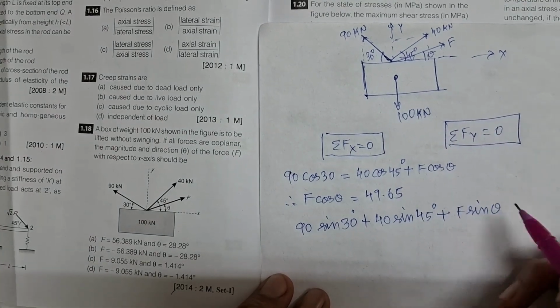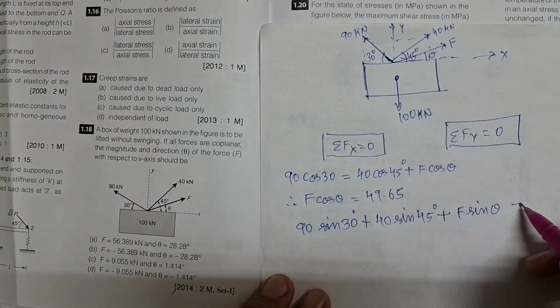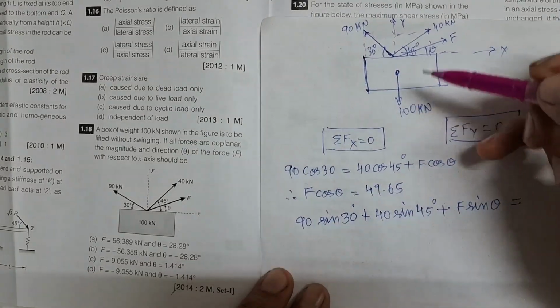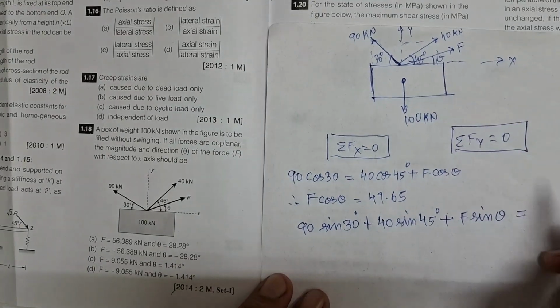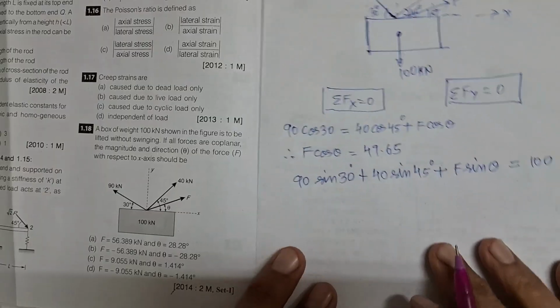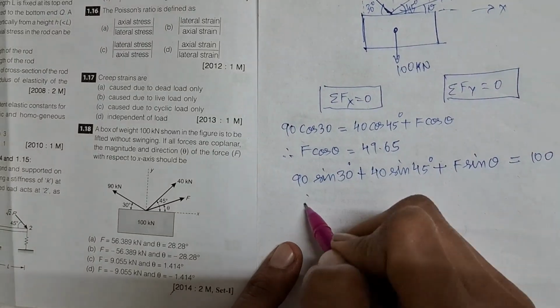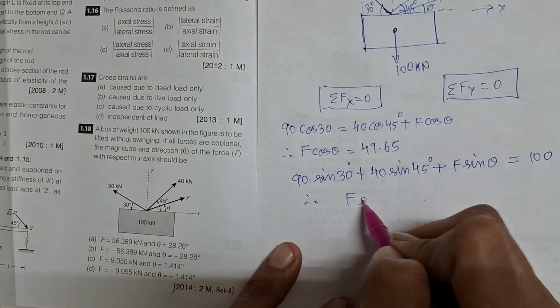I don't know theta, I don't know F. This is equal to the force in the downward direction, which is 100 kilonewton. From this equation I will get F sin theta.